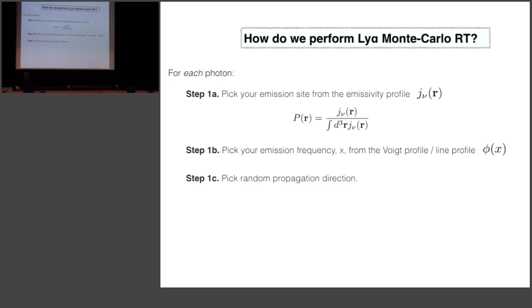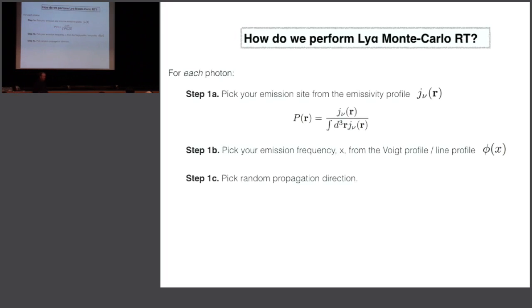But you can convert this emissivity profile into a 3D distribution function by just normalizing by the total. Then you get a 3D probability distribution function, and if you want to select a random site where the Lyman-alpha photon is emitted, you just apply this rejection method that I outlined earlier to this function P(R).